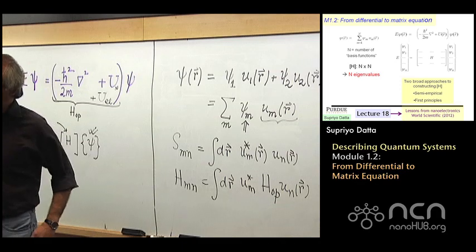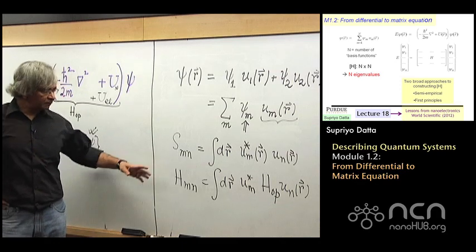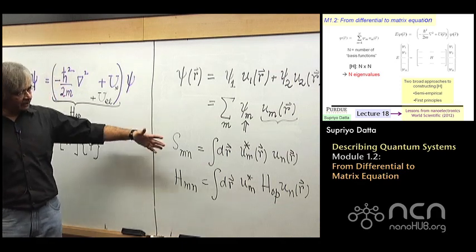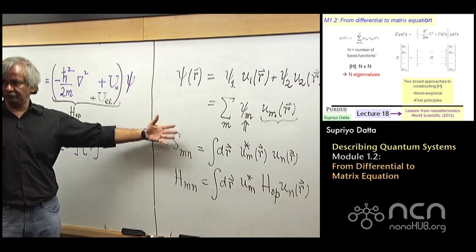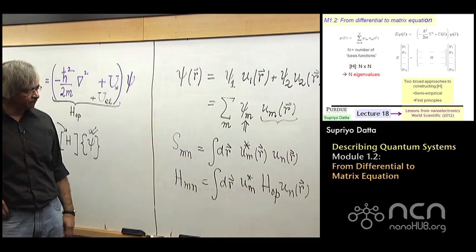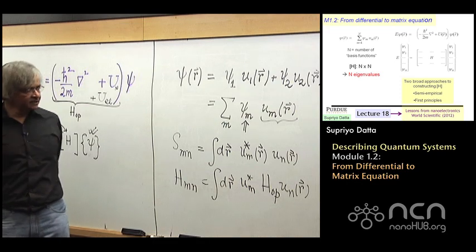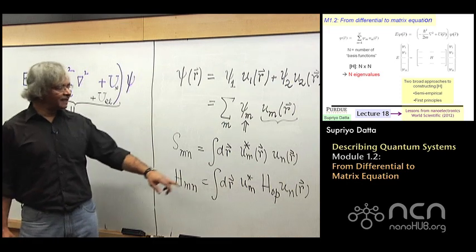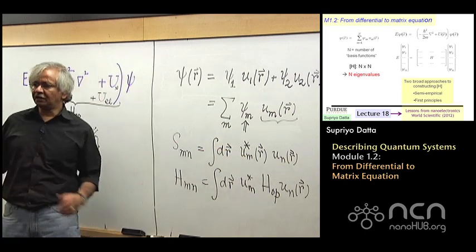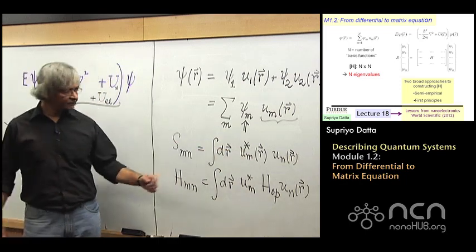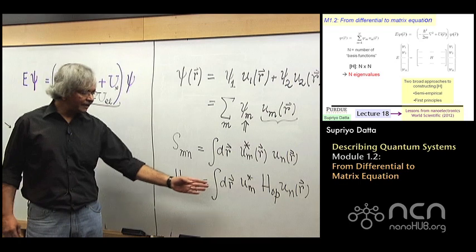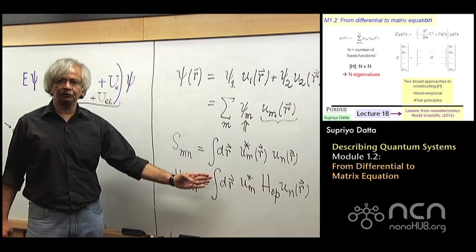And there are many people who work on that, and there is even software that is commercially available, which does just that. In fact, there is a famous software that chemists use a lot. It's called Gaussian. And the reason it's called Gaussian is that the basis functions they use are Gaussian functions. See? And that allows you to calculate these integrals relatively quickly.